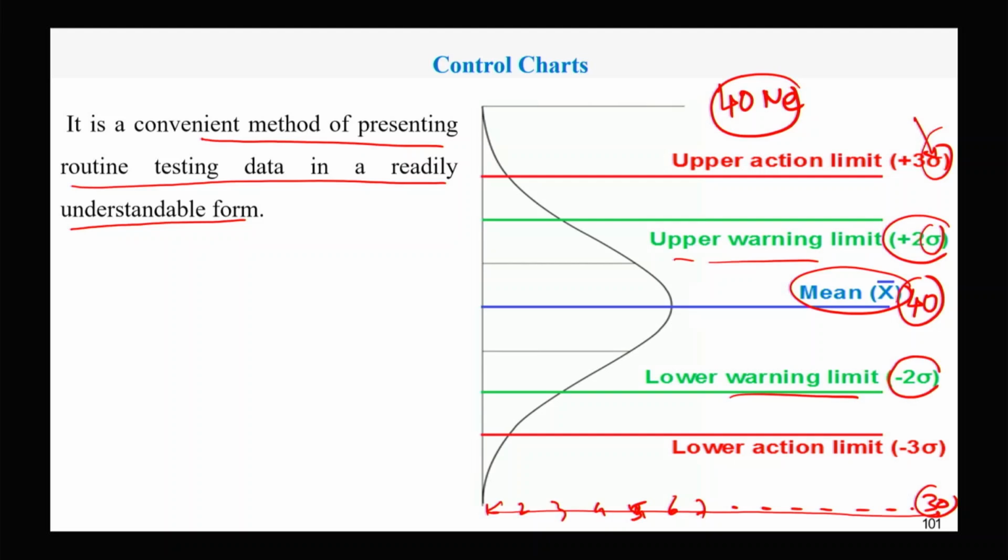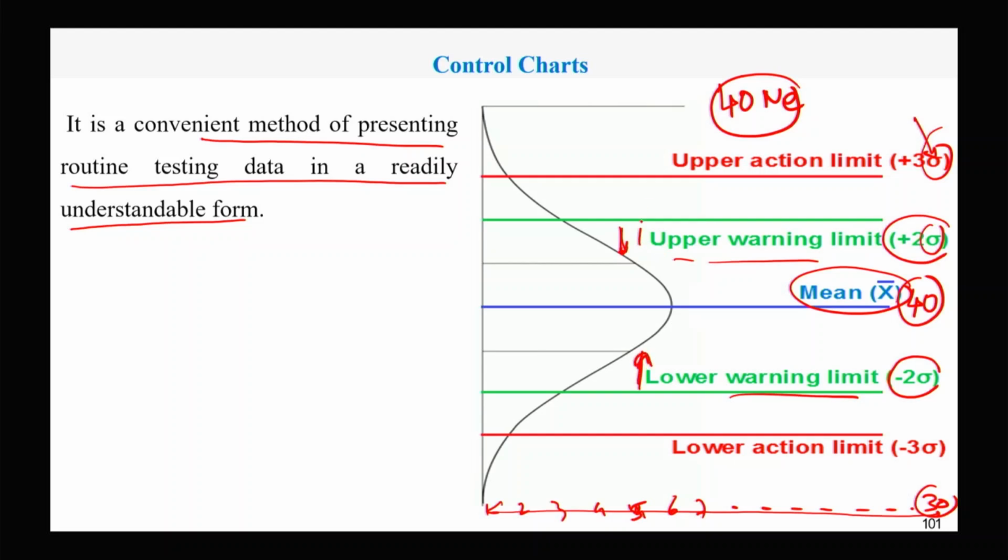So what is a warning limit? If the data is within this warning limit, that means the system is going all right.